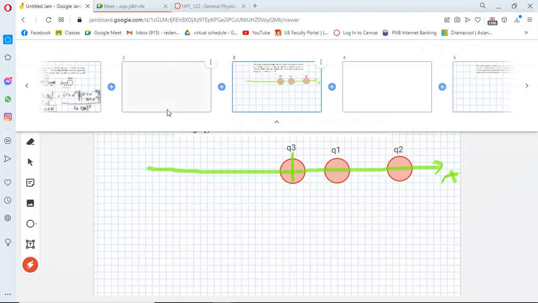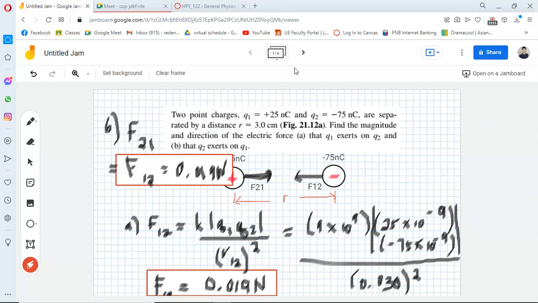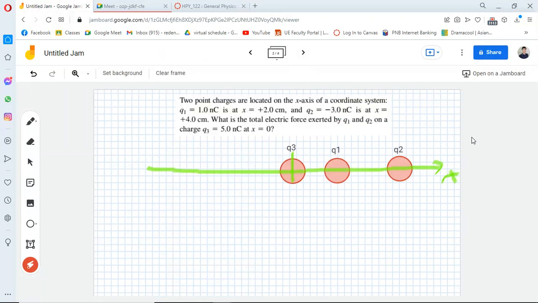Kanina, dalawa lang, di ba? Tapos ang hiningi lang sa atin dito is individual. Ngayon, dito sa specific problem na ito, ang hinihingi na sa atin is total electric force being exerted by Q1 and Q2 to this charge Q3. Okay, so yan yung ating pinaka-diagram.